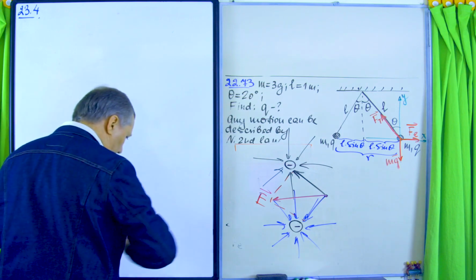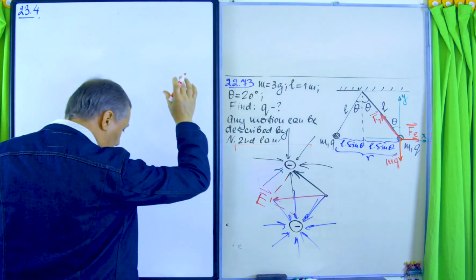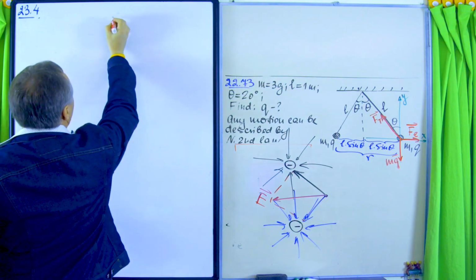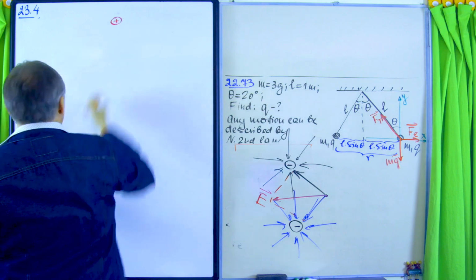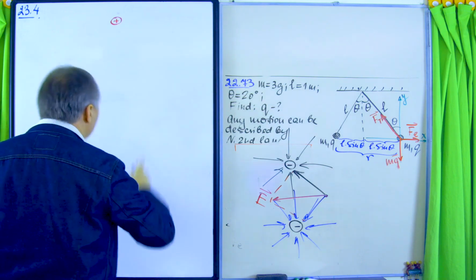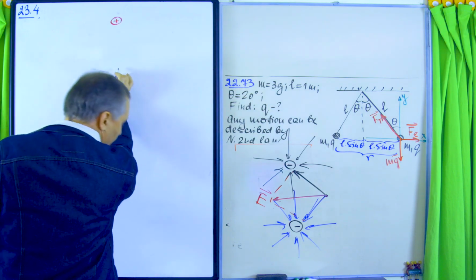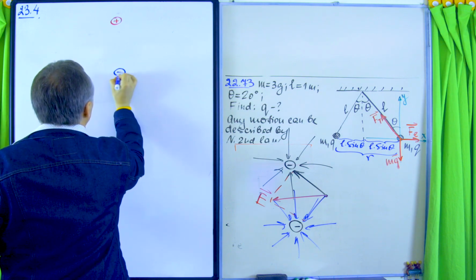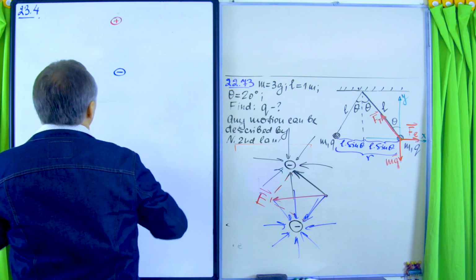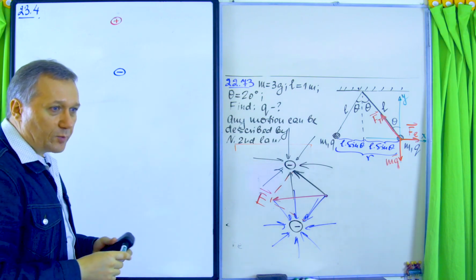Okay, let me do it this way. Just trying to estimate the amount of space I need. I will position here a positive charge, and then the negative charge will be right underneath over here, negative charge. Okay, and the distance between them is given.